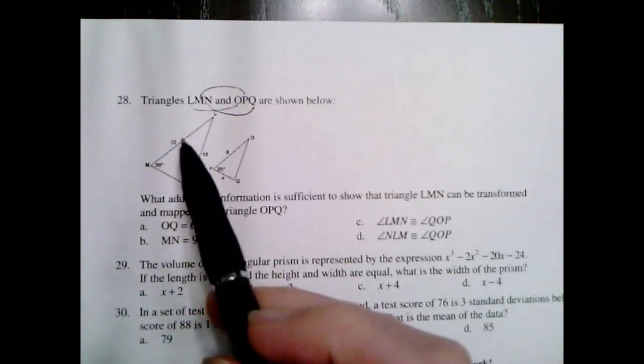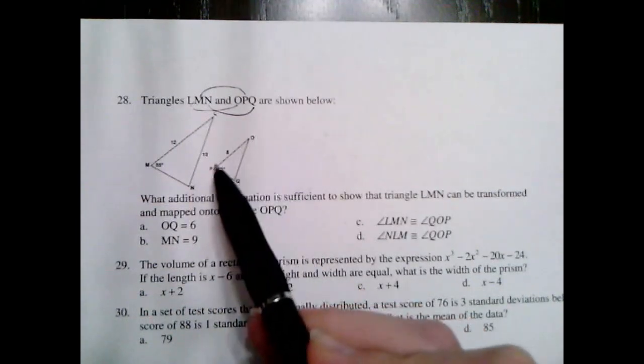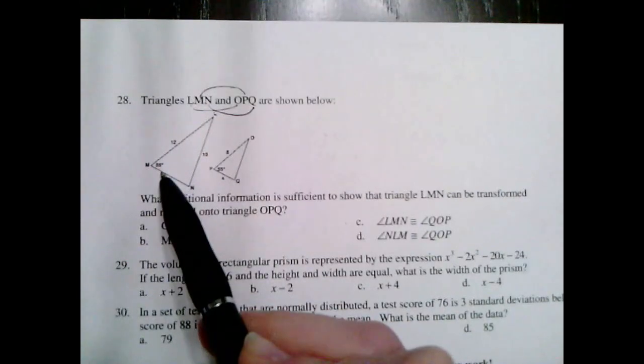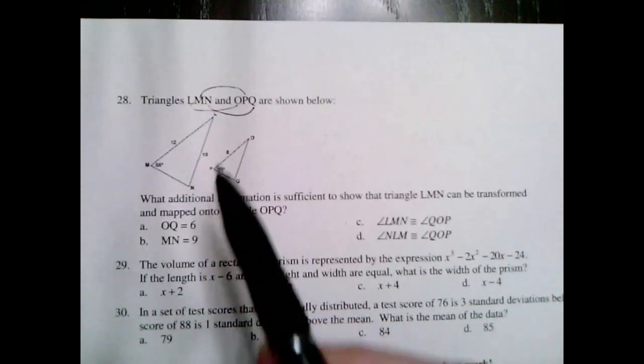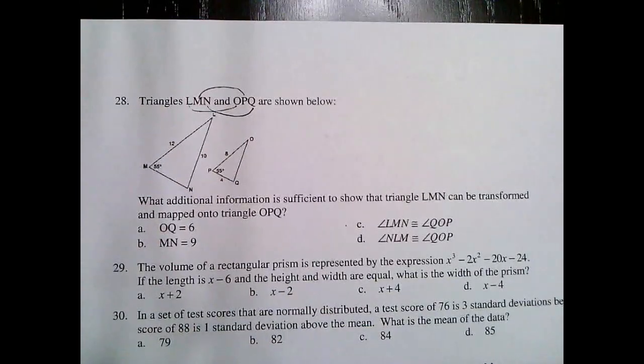Now, it gives you side LM is 12, LN is 10, OP is 8, PQ is 4. The angle M is 55, angle P is 55. Again, if they are truly similar, their angles are the same. Their sides can be ratio proportions.